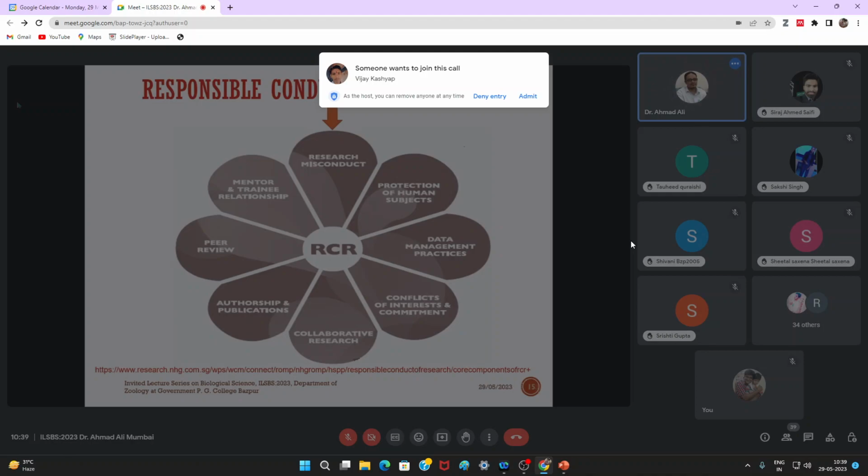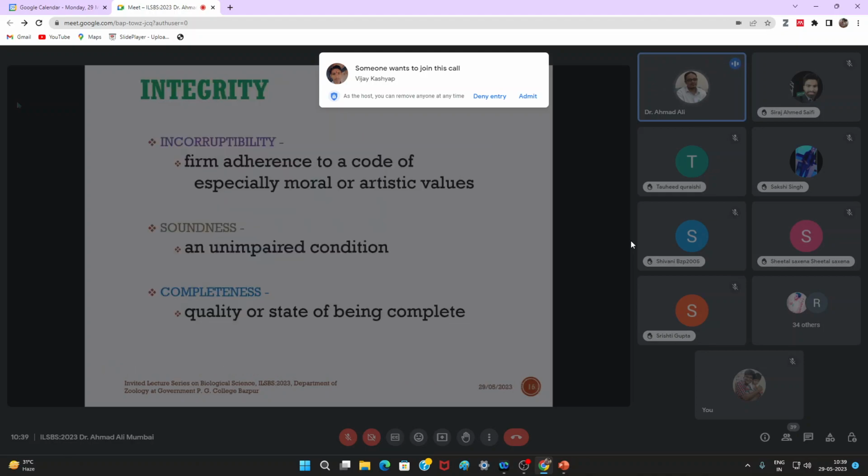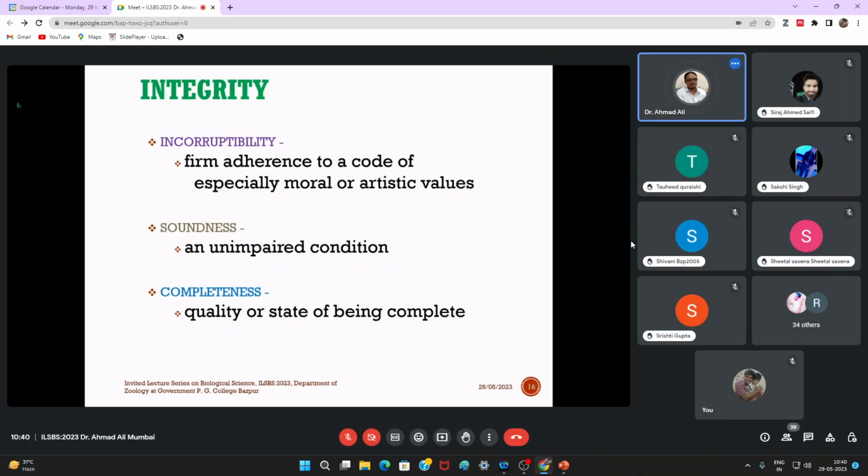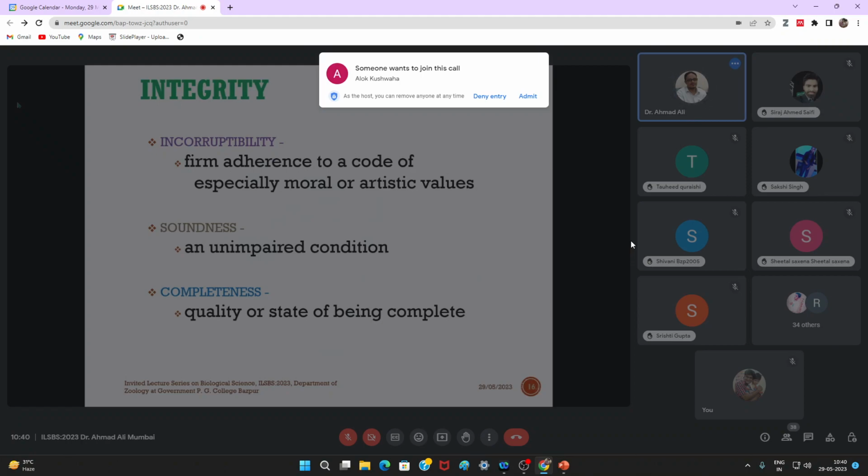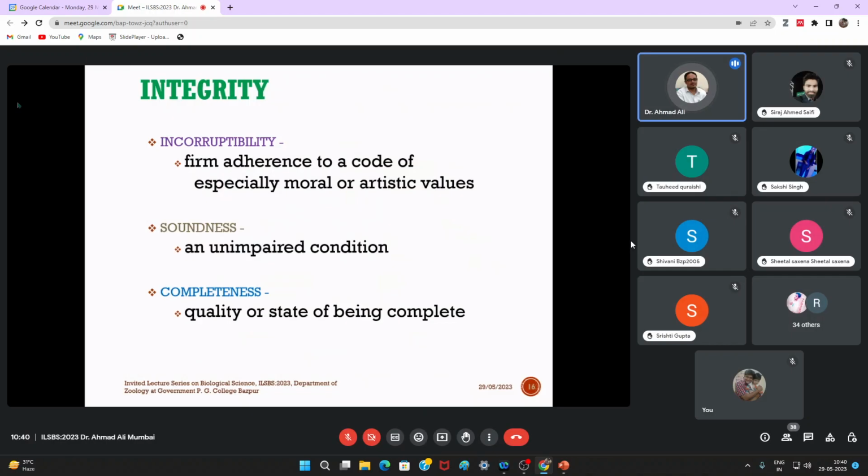The concept originated in the early 2000s, because reports about research misconduct started coming in the late 80s and 90s. And one of the very infamous cases we have read about is the discovery of the double helical structure, where the data of Rosalind Franklin was stolen and she didn't get the credit for it. So integrity is a general term, which we say means incorruptibility, adherence to a code of especially moral or artistic value.